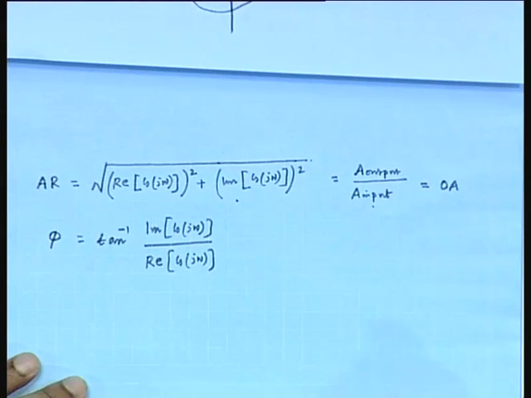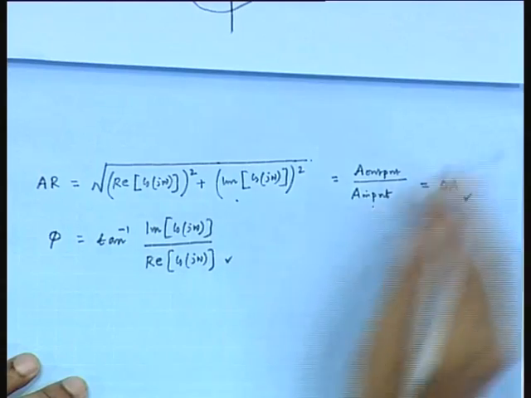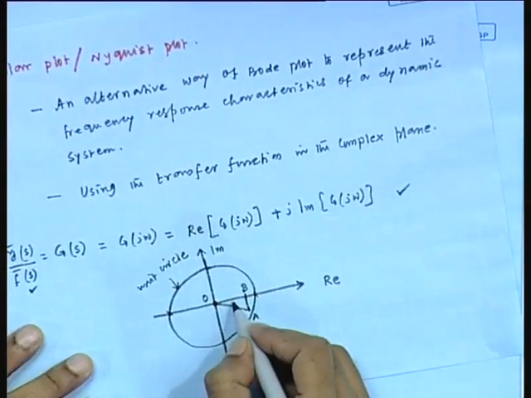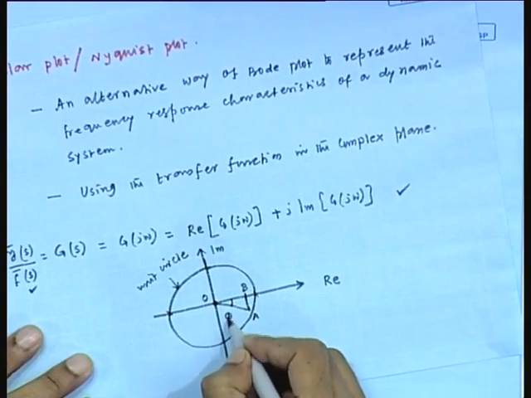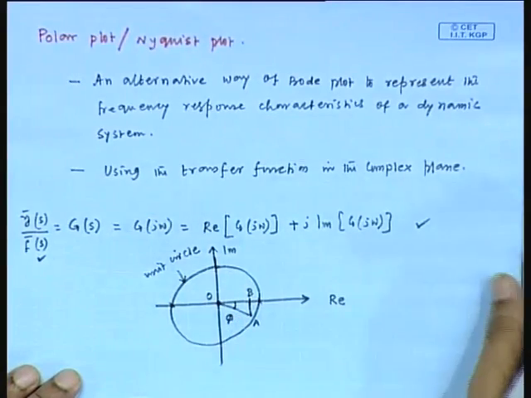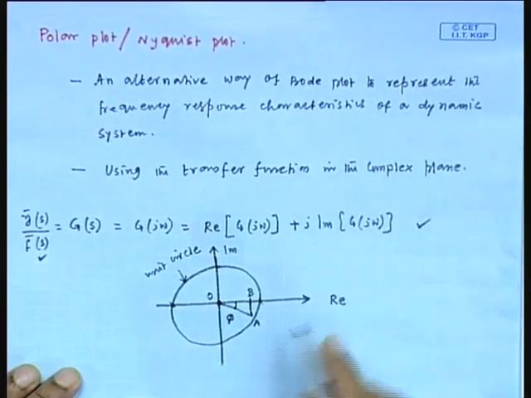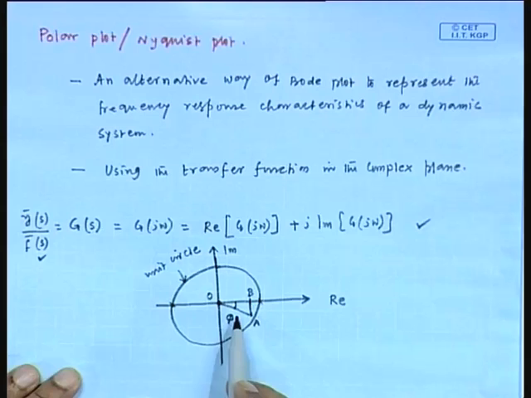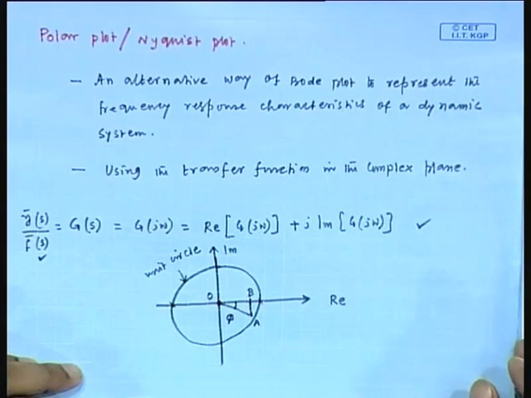Then this is basically the magnitude of this G(j omega). How much is argument? Argument is this one phi, that means this angle is phi. Agree? This angle is phi and this OA is representing the amplitude ratio.